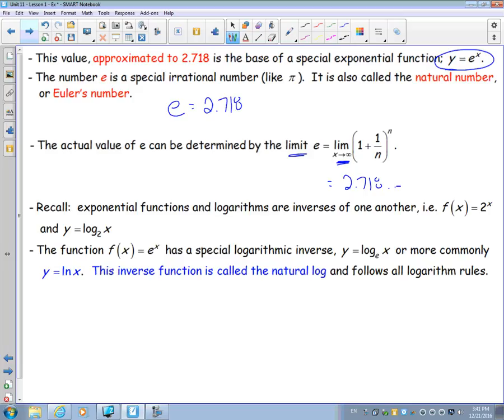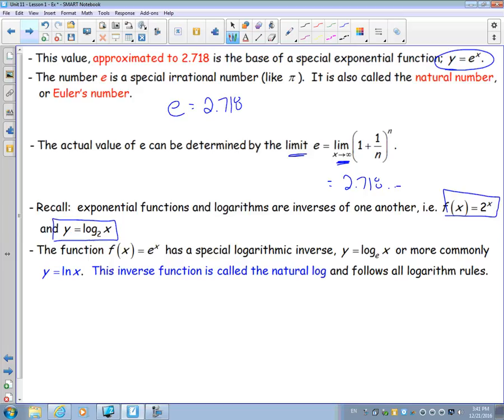The nice thing with this natural number is it is a special exponential function, which means that all the exponential function rules work with it. So exponential functions involve exponent rules. They can be used with logarithms, because logarithms are inverse functions for exponentials. You might recall from last year, a function of 2 to the x has an inverse of log base 2 of x. It undoes what the function does.